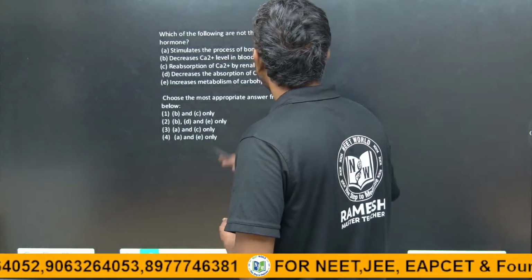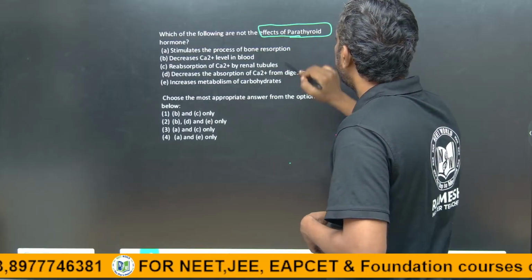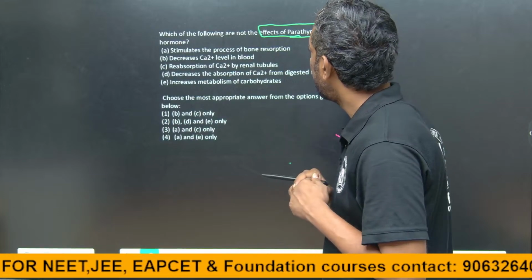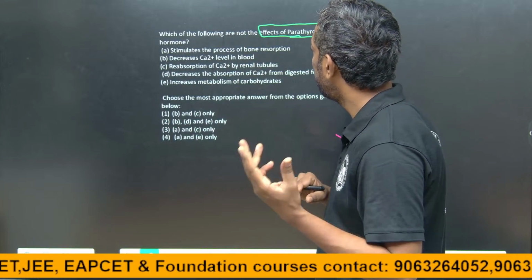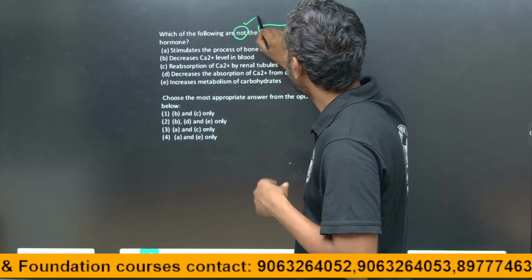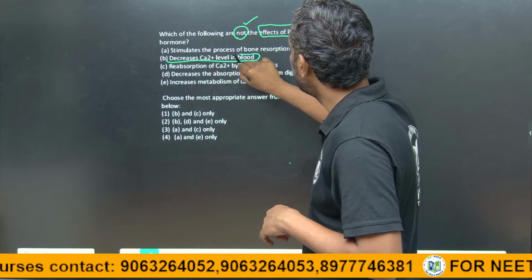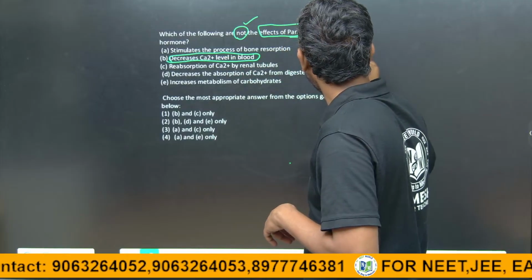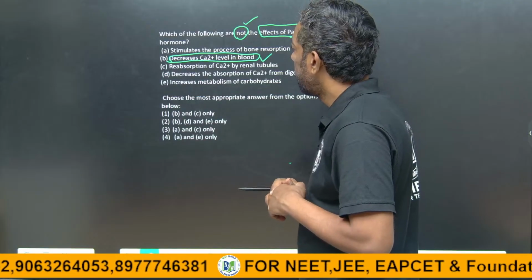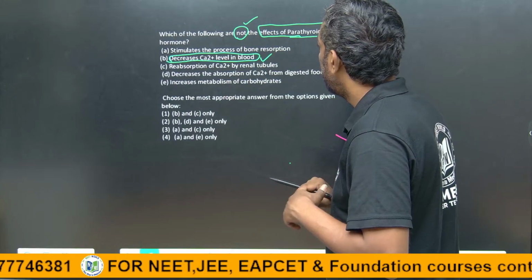Which one of the following does not affect the parathyroid? From the pituitary, they can release parathyroid hormone. It stimulates the process of bone reabsorption. Not here, it is also a negative word. Decrease the calcium level in the blood? This is not right, guys. They always increase the calcium levels, and there is reabsorption of calcium by the renal tubule.